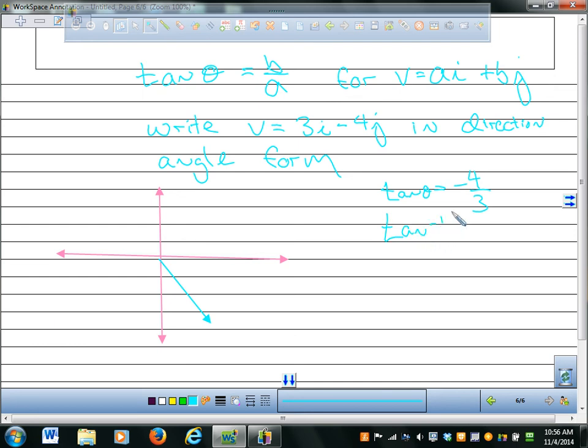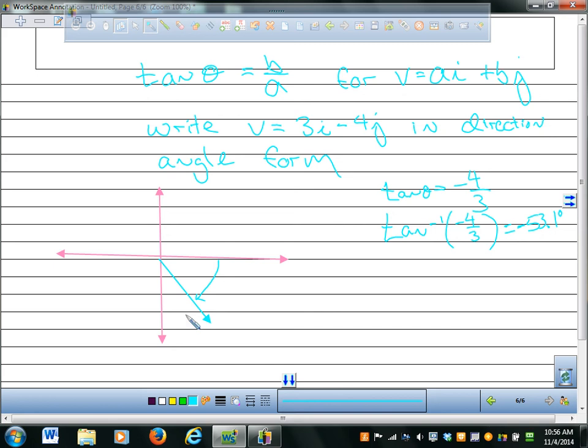Inverse tangent of negative 4 over 3, if you do that on your calculator, you get negative 53.1 degrees or thereabouts, okay? Negative. So that means that this angle here is negative 53.1 degrees.